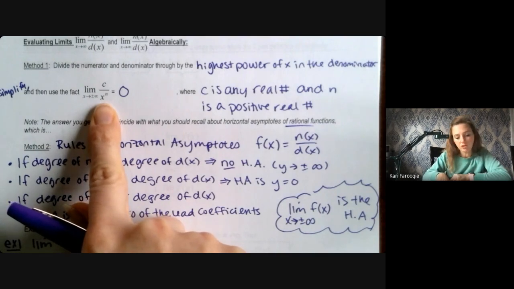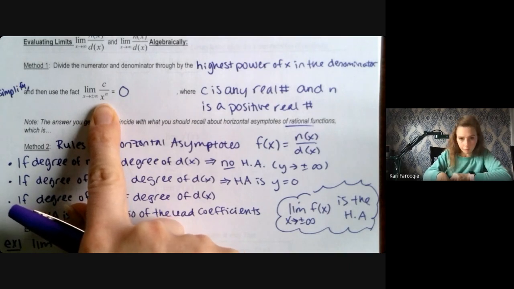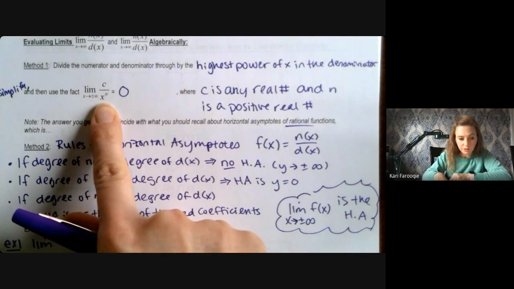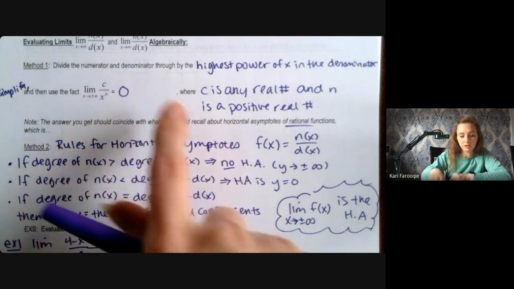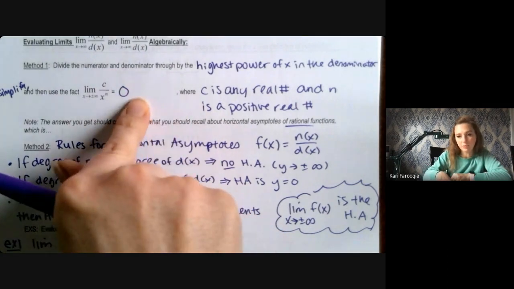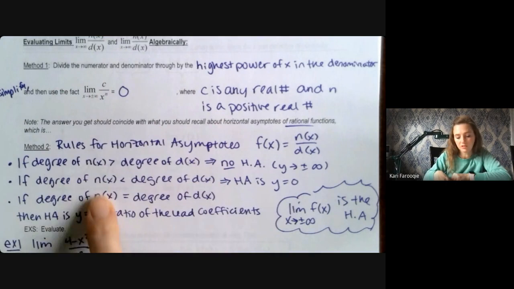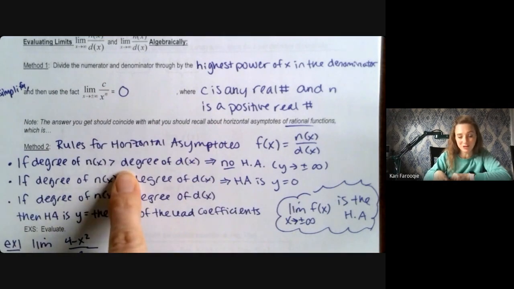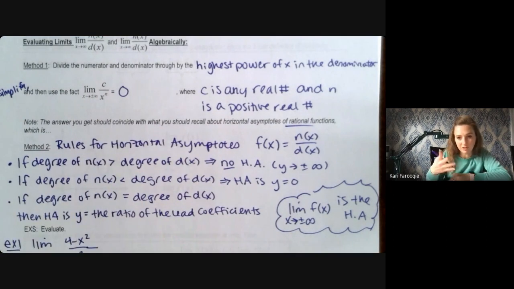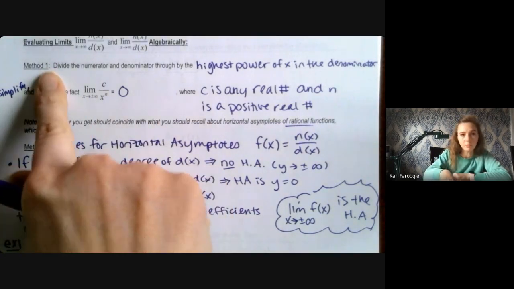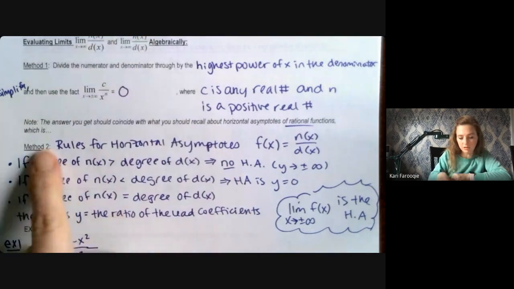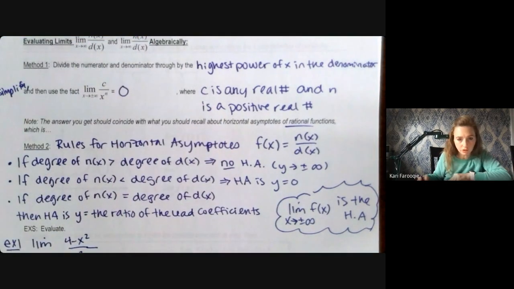You might find this especially useful also because if you were to go on and take regular old Calc 1, you're not going to only be dealing with rational functions, but you'll also have some radical functions, and you'll have to use method 1 or that type of reasoning for radical functions because they don't have these horizontal asymptote rules. These apply to rational functions. So this method works more generally, whereas method 2 is basically when you have rational functions.